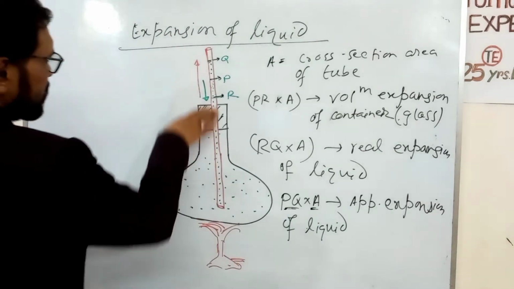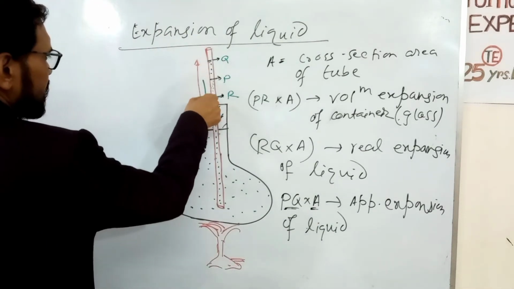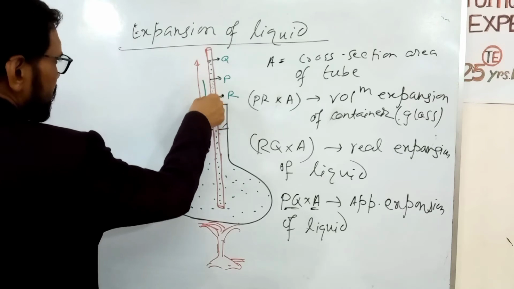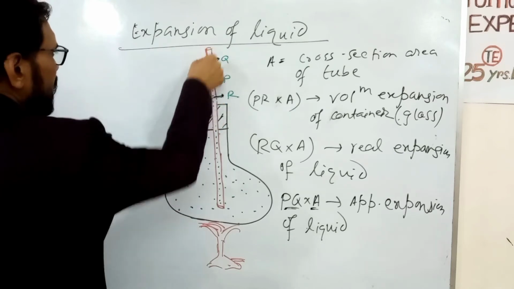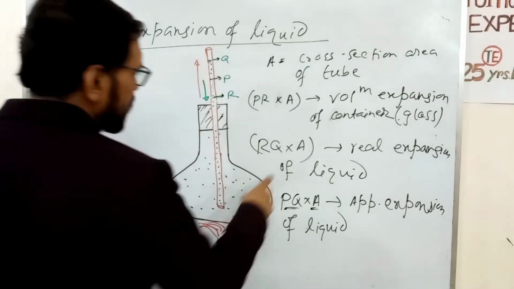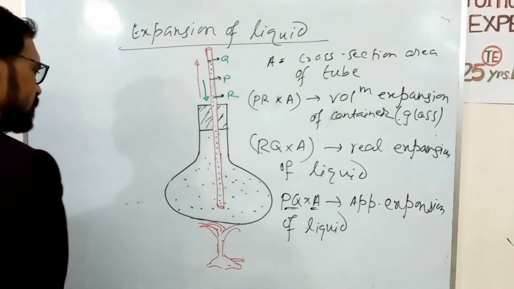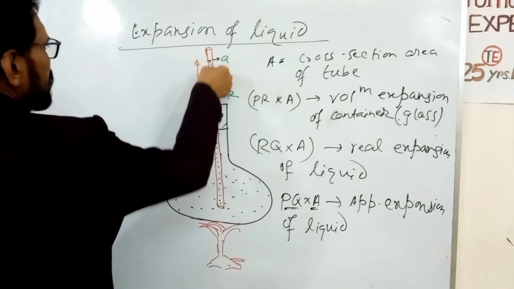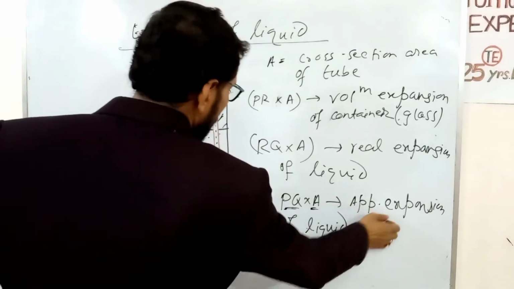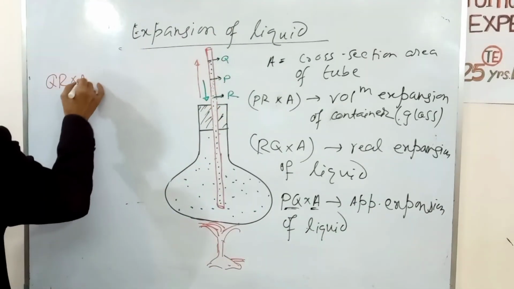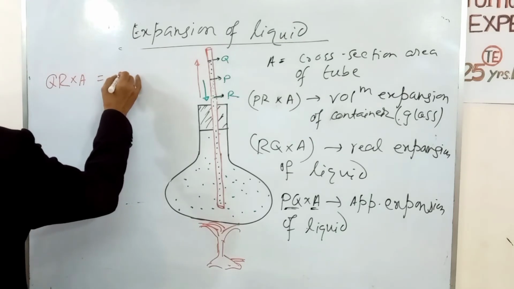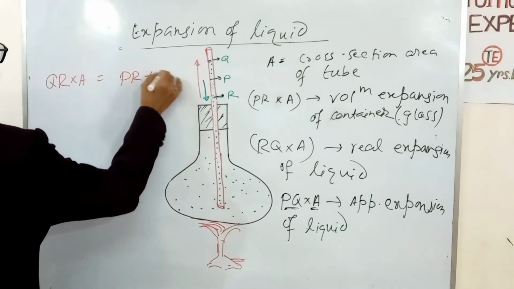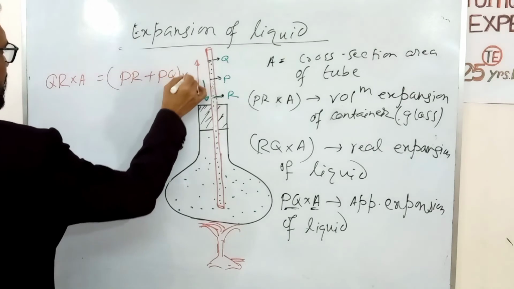But actually the liquid level falls up to R and then rises from R to Q. So QR into A is the real expansion of the liquid. But the man sees that the initial level is P and the final level is Q. So QR into A equals PR into A plus PQ into A.